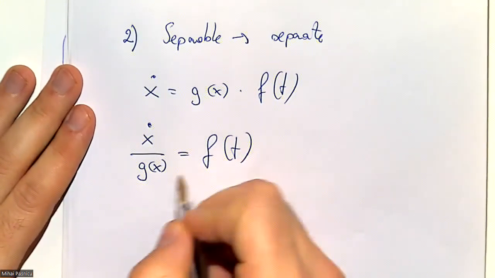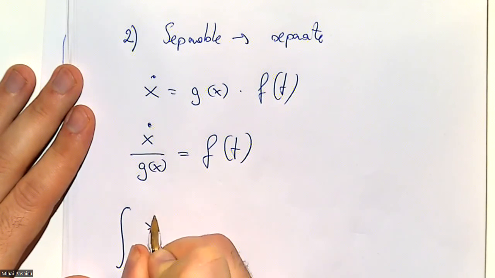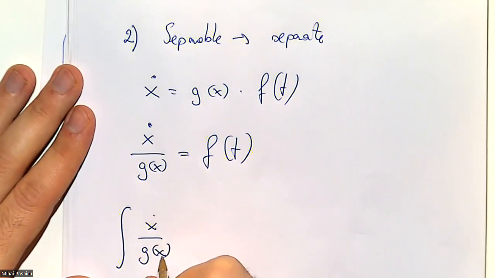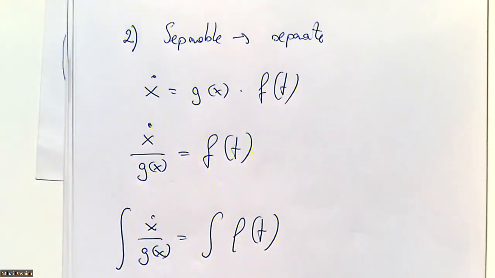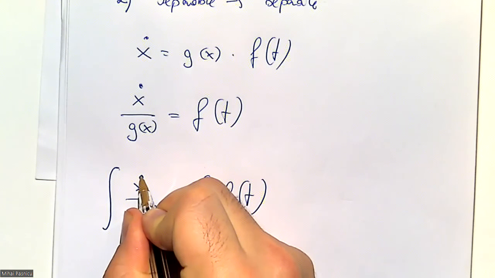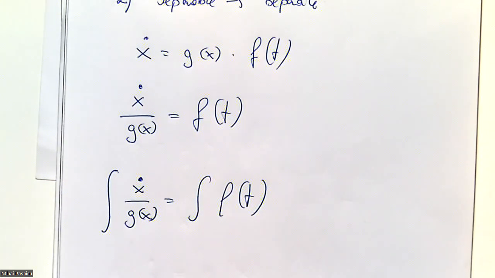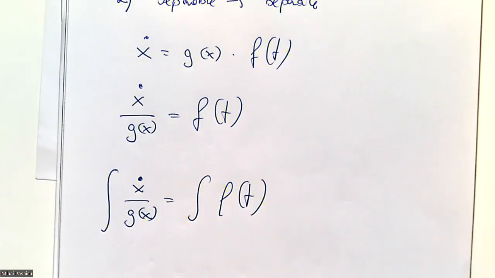But the idea is that if these are equal, then their integrals are equal. The integral of x dot over g of x is equal to the integral of f of t. That's kind of the idea. Now, one thing that I'm missing and did not write is the dx dt, the d thing.